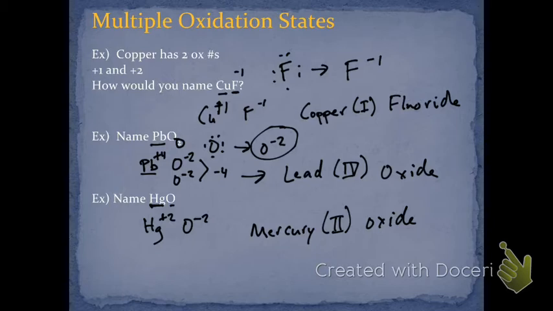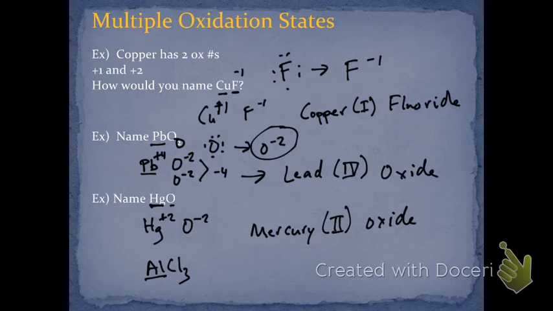Okay, so always check. For example, if I gave you, I want you to name aluminum chloride, the first thing I'm going to do is check my metal. Aluminum, is that one of the ones I need a Roman numeral for? Is it found in the D block, or is it found in group 4 in the metals?